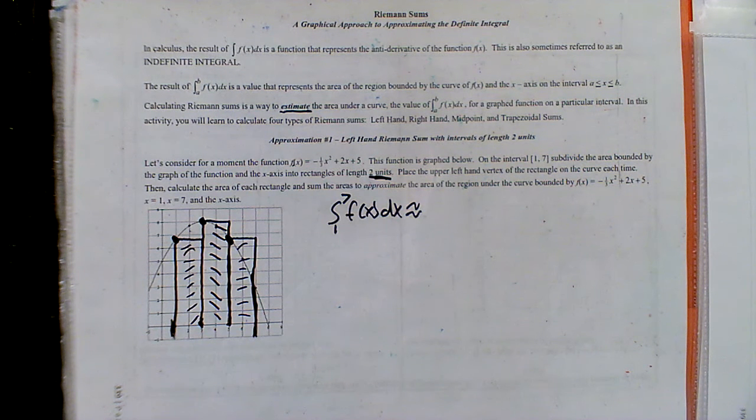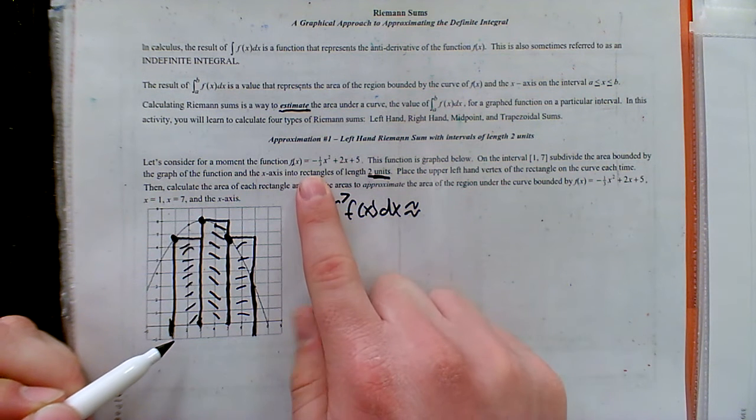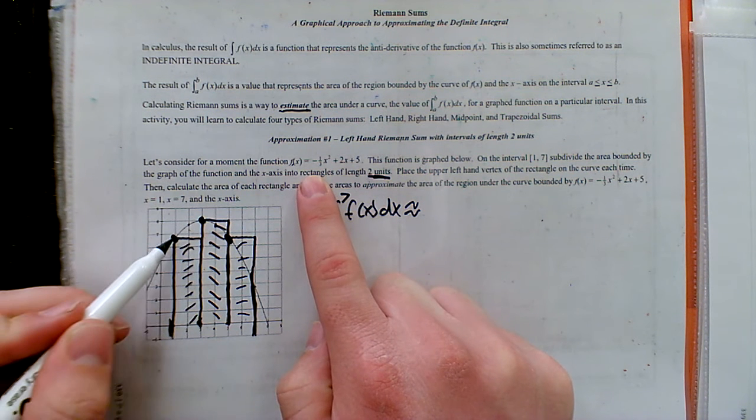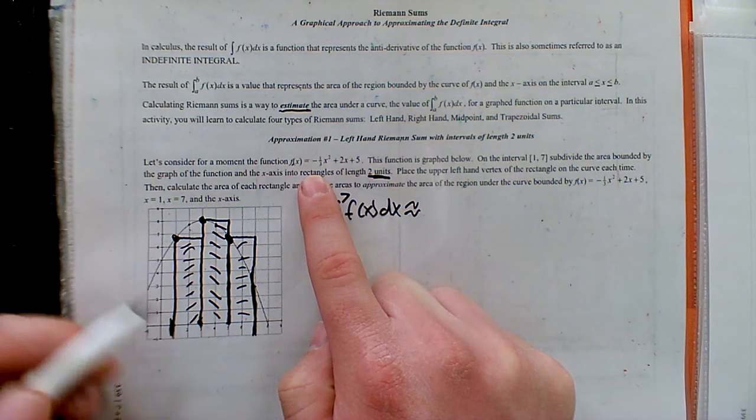Now what they want us to do, they said, we calculate the area of the rectangles, and that will tell us an estimate of our integral. Well, how are we going to do this? We have a function. And we know, since we're doing a left-hand rule, that this point is on the line right here, or on our function.